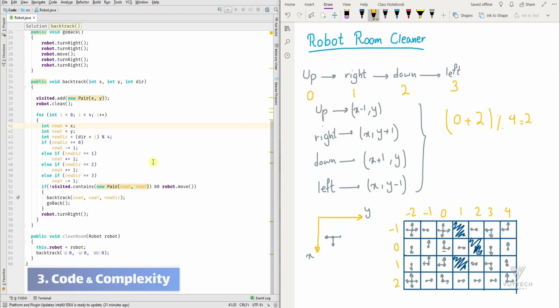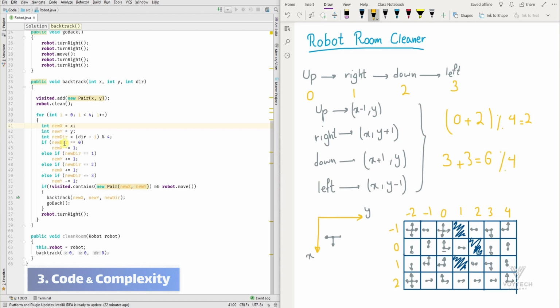The reason we add mod 4 is that, for example, if the direction equals 3, which means left, and i equals 3, the new direction would be 6, which we don't have in our numbers. So we use a mod 4 to assure that the new direction is in this range. Then we check the new direction for new positions of the robot based on the equations that we had here.